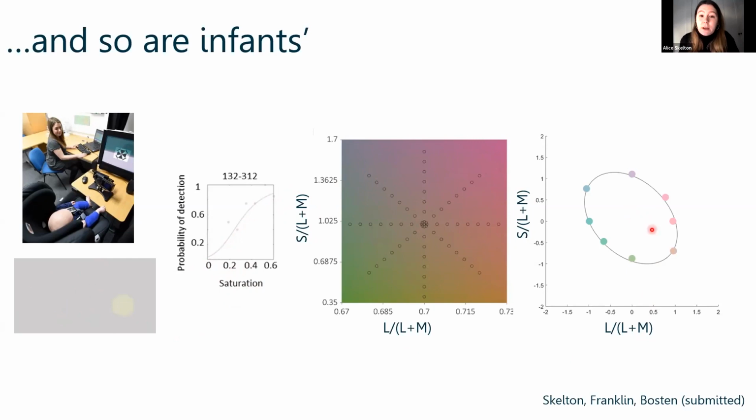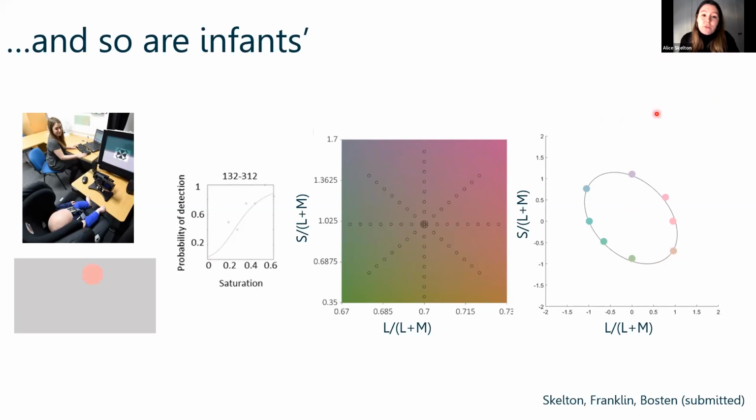And what we find, like with adults, is that there's this elongation along the negative diagonal in this chromaticity space. So blues and yellows need to be more saturated in order for our infant participants to be able to reliably detect them. And this suggests to us either that this tuning into the environment happens incredibly quickly, so in the first few months of life, or that it's an evolutionary bias that exists in our visual systems.